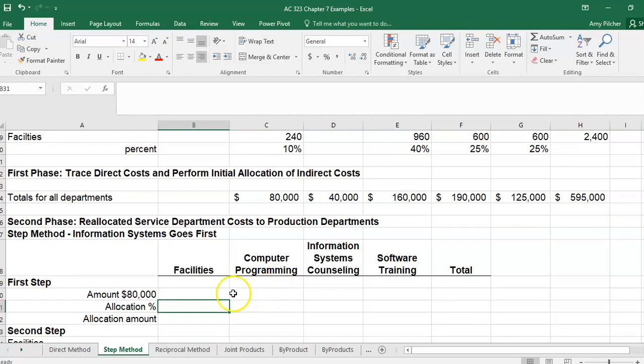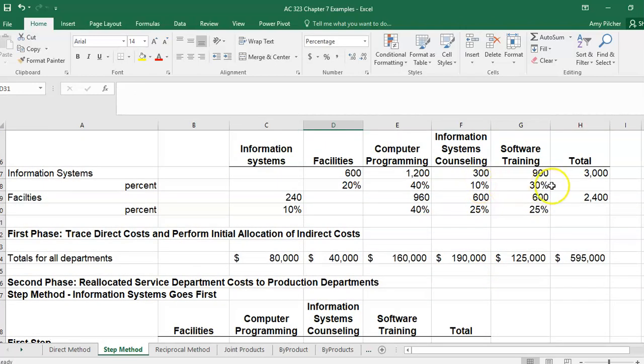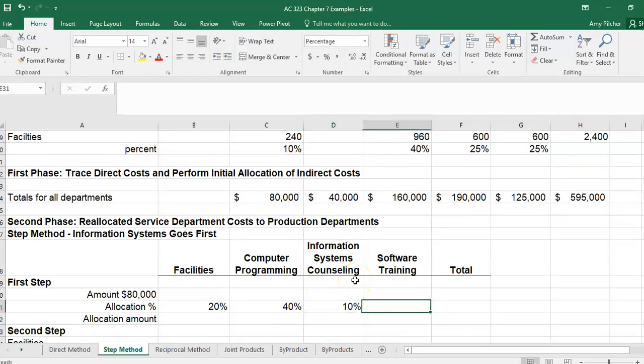So we have 20%, 40%. Let's format these to be percentages. 10% and 30%.